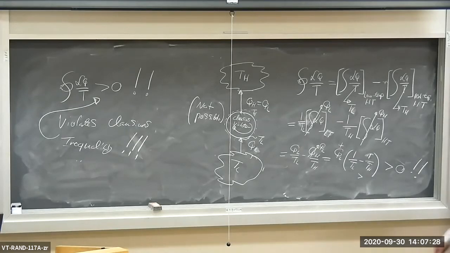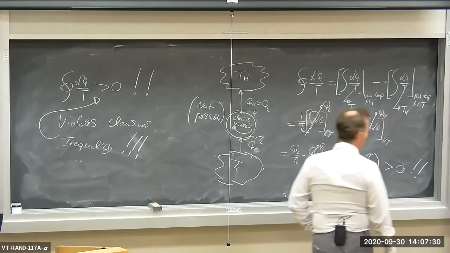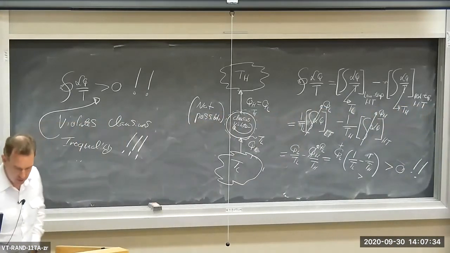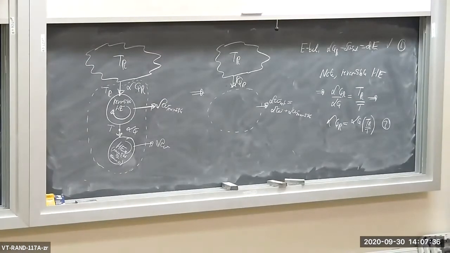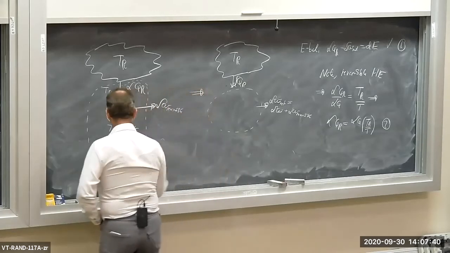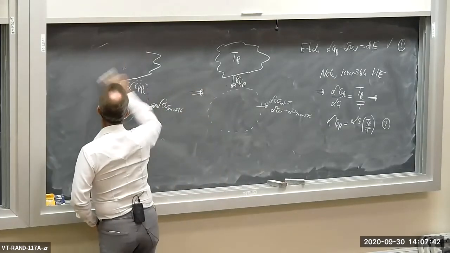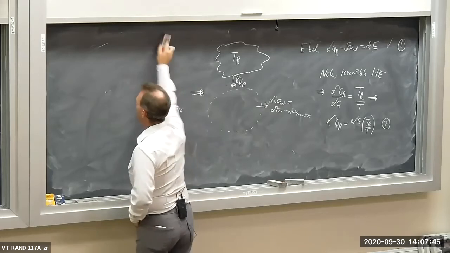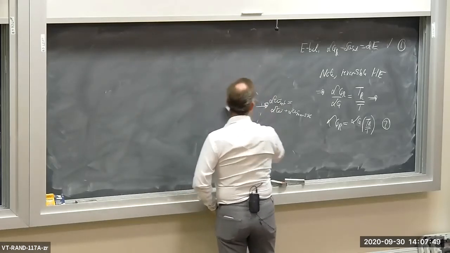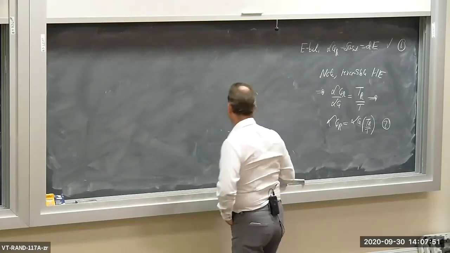So the Clausius inequality, let me write it one more time, just so we're on the same page. It is equivalent to all those pictures that we saw, the Clausius and Kelvin-Planck statements of the second law of thermodynamics.